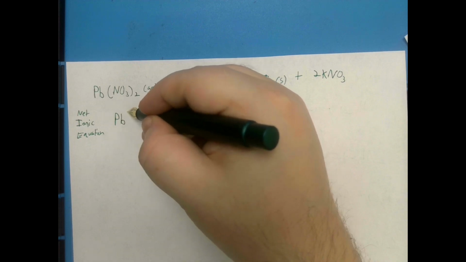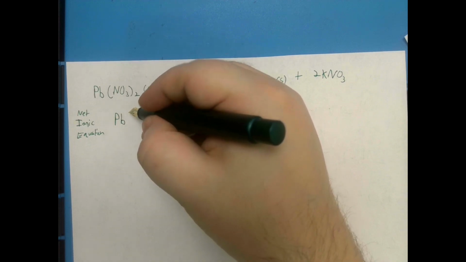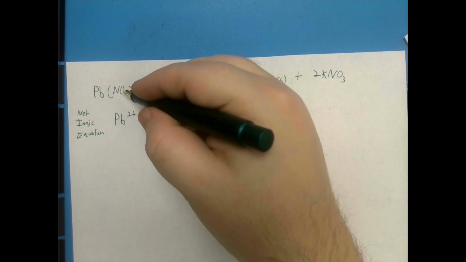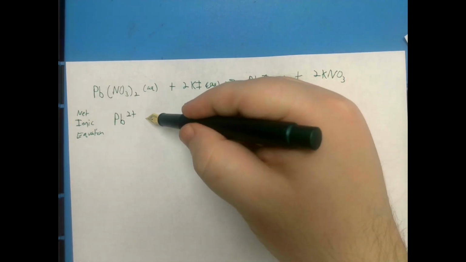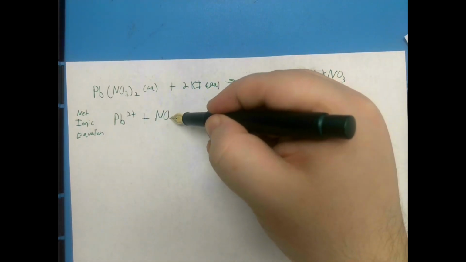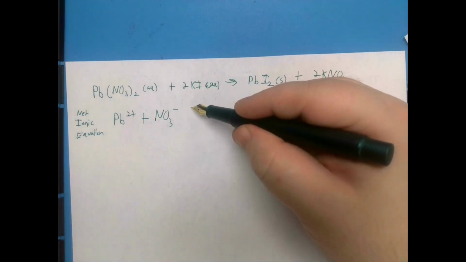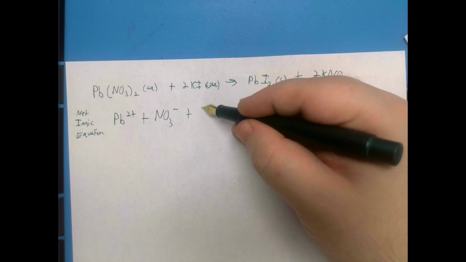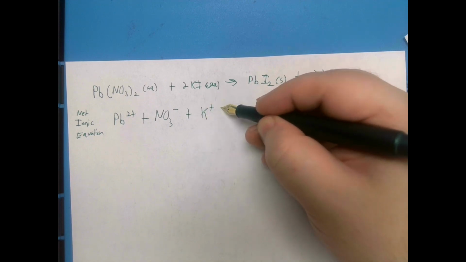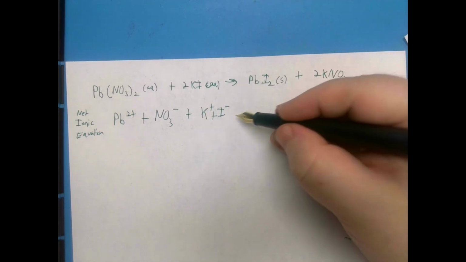We have lead, 2 plus, because nitrate is negative. We have plus nitrate, which is negative. Then we have potassium, which is positive, iodide, which is negative.